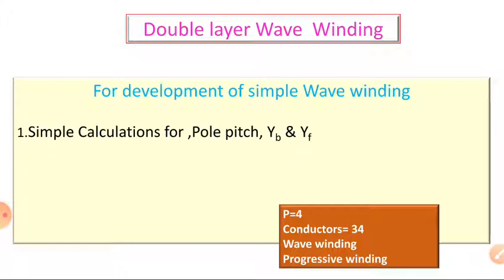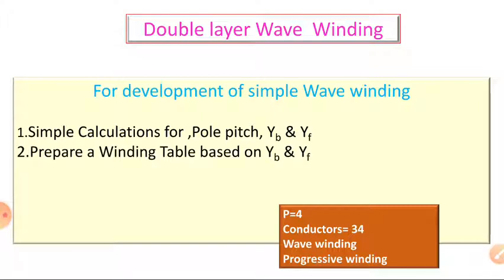First, the simple calculations: what is the pole pitch, what is the back pitch, what is the front pitch, based on the formulas we discussed previously. So first find the back pitch and front pitch. After knowing the back pitch, front pitch, pole pitch, average pitch and resultant pitch, prepare a simple winding table. The winding table is the basis to develop the winding diagram.